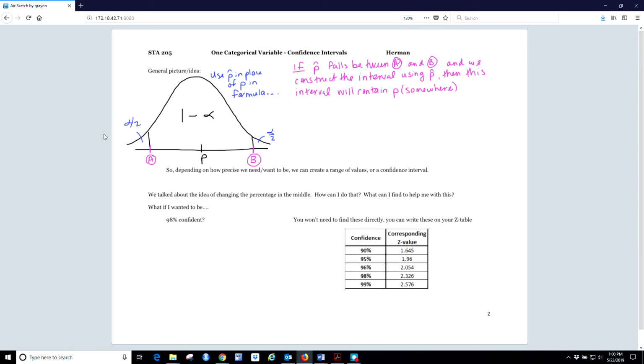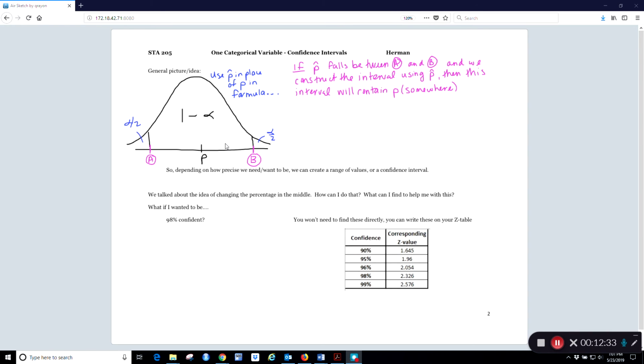So let's visually think about this here for a moment. If my P hat happened to fall about right here, and I go 2 standard deviations above it, notice I just captured P. If my P hat happens to fall over here, and I go 2 standard deviations below it, it's going to contain P. So as long as P hat falls somewhere between A and B, when I construct that interval, P will be somewhere inside of it.